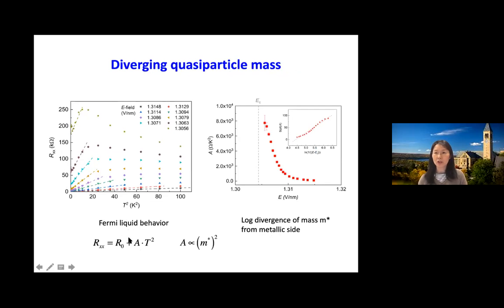The coefficient of that T-squared dependence is proportional to the quasi-particle mass squared, and we look at this coefficient. It diverges when approached from the metal side. Interestingly, this mass does not follow the power law scaling very well, and it is described better by a log divergence law.